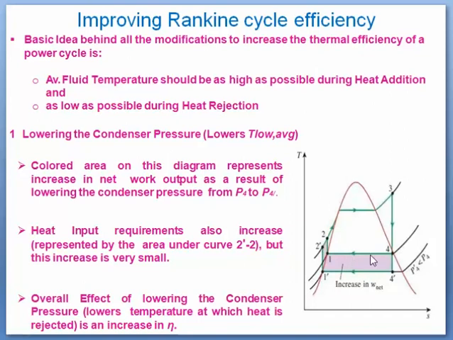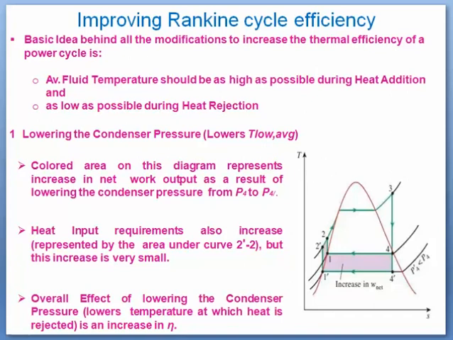So by lowering the condenser pressure, in turn we are increasing the cycle efficiency of our Rankine cycle.